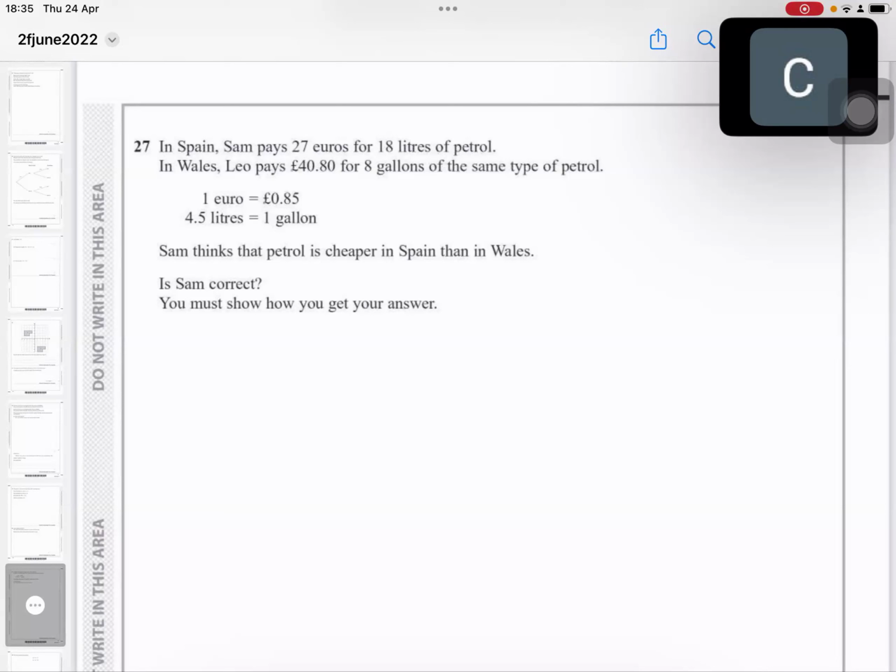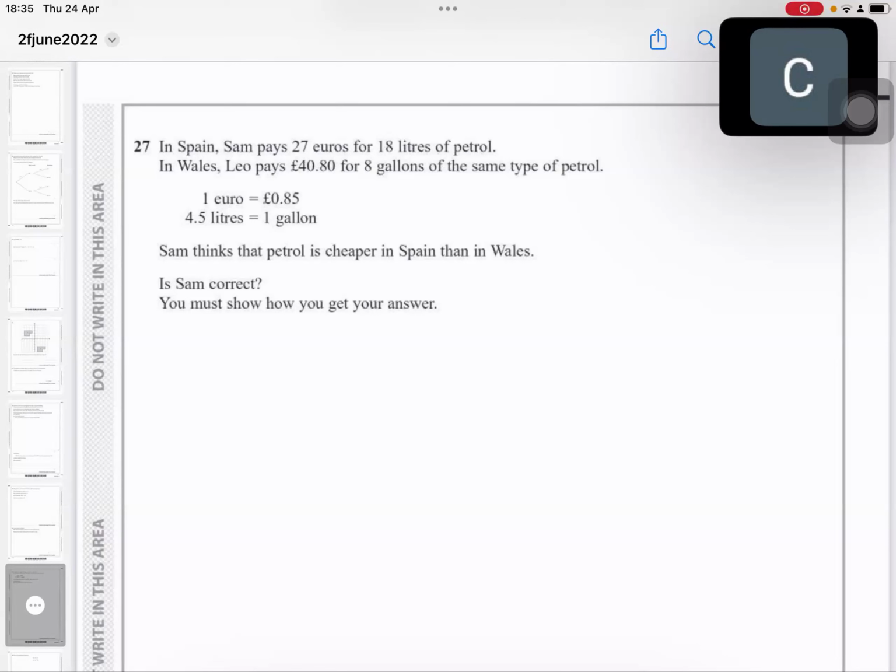What did you get? 36. Was it exactly 36? Yes. Okay, excellent. So now 8 gallons is 36 liters.